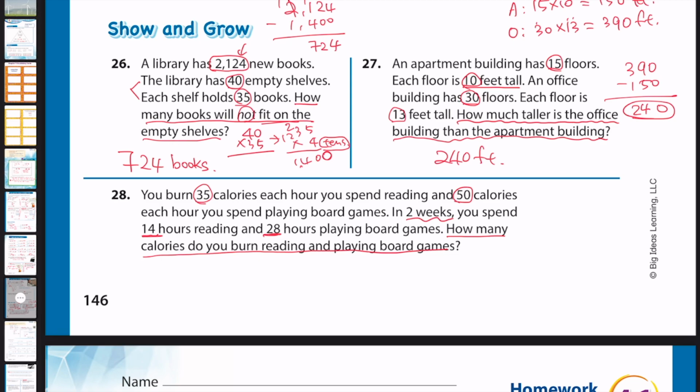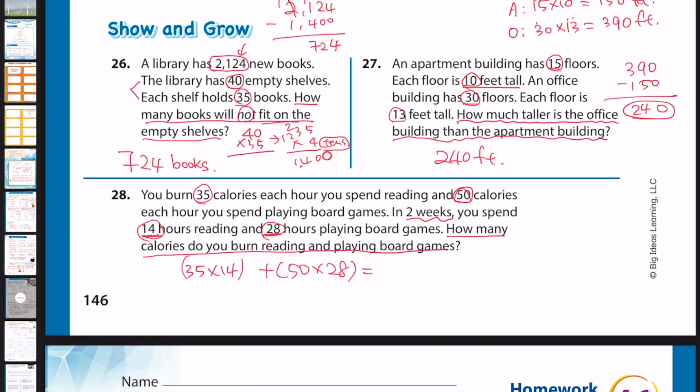So let's find out. So you burn 35 calories, okay, for spending reading. And how many hours did you read it? 14 hours, right? And then you need to add 50 calories for 28 hours of playing board games, okay?